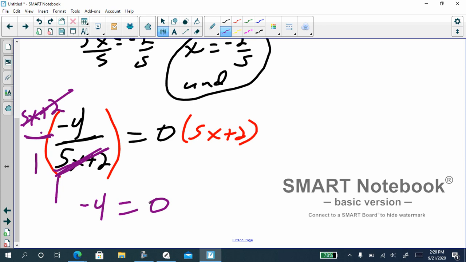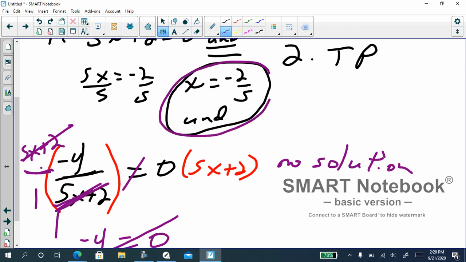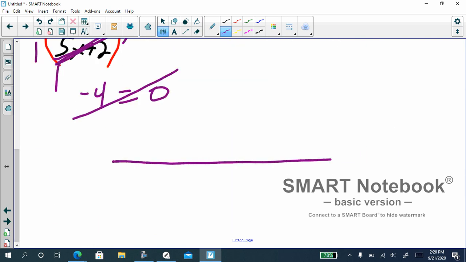Notice that doesn't match up. That gives us a false statement. What does that mean? It means the two sides are never going to be equal. There is no solution that makes the two sides equal. So in our case, we only get one boundary, the boundary where we are undefined. If we draw a number line, we have a boundary at negative 2/5, and that's the only boundary we have.